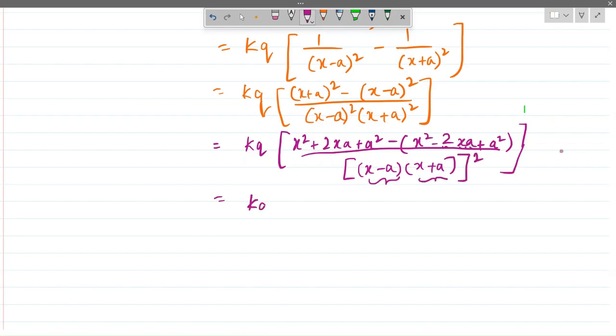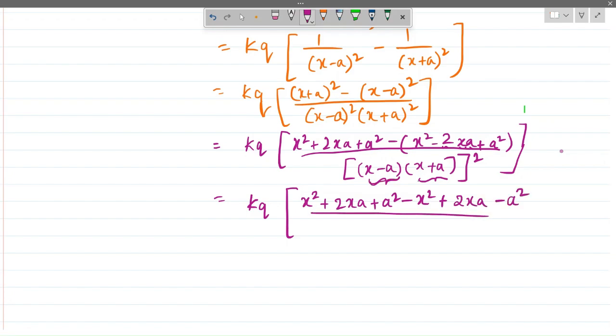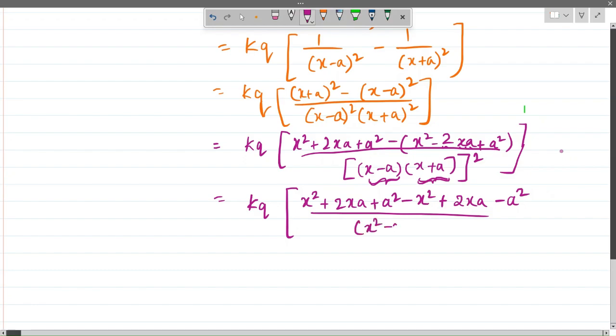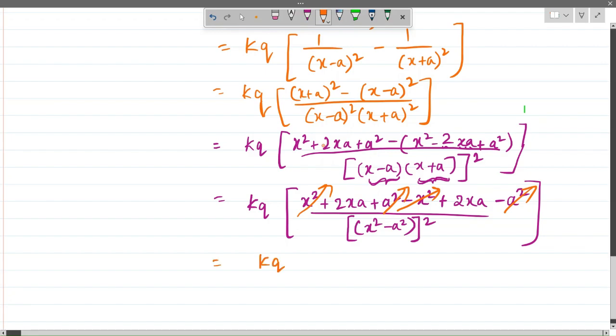Therefore, K into Q in the bracket x square plus 2xa plus a square minus x square plus 2xa minus a square, divided by x minus a and x plus a, which could be written as x square minus a square the whole square. We know that x square will get cancelled and a square will get cancelled. So we are left with K into Q into 2xa plus 2xa, which will be 4xa, divided by x square minus a square the whole square.